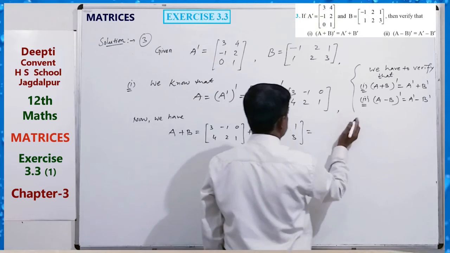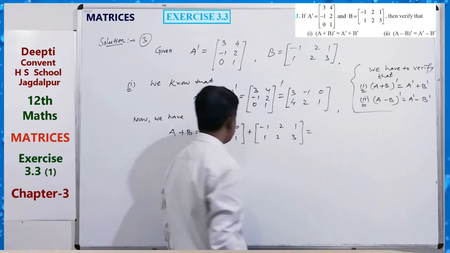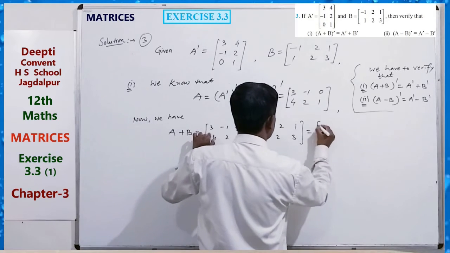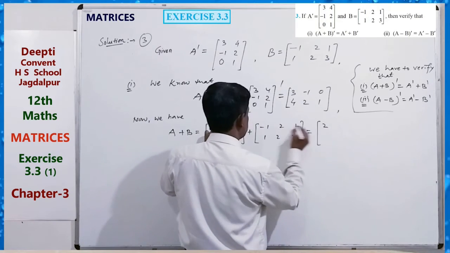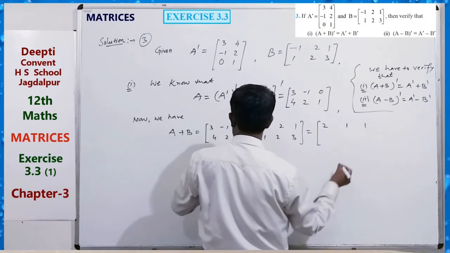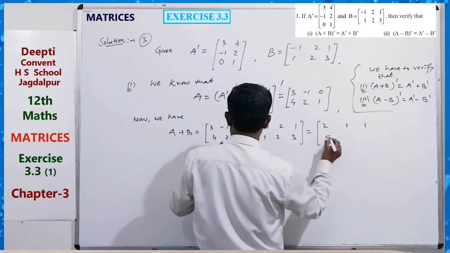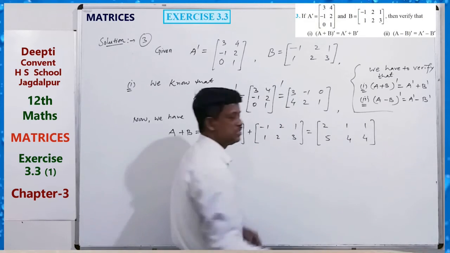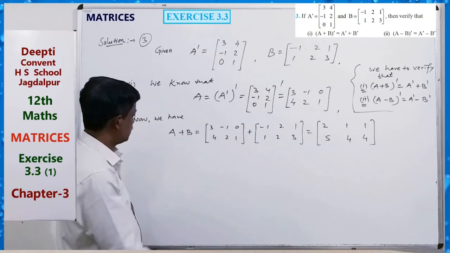Just add these two, corresponding entries: 2 1 1 5 4 4. This is the addition.